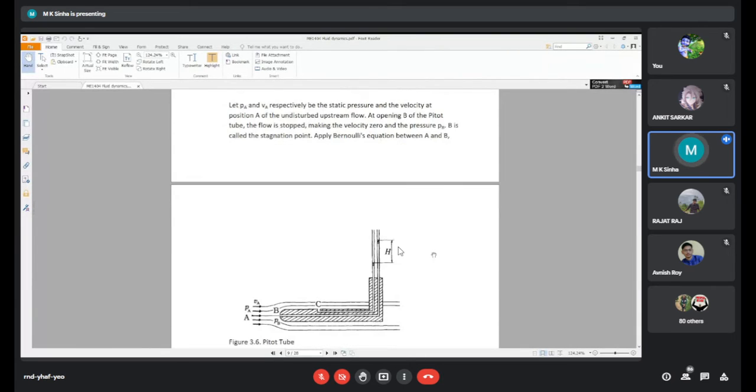So B is called a stagnant point because it comes in contact with our system, which is stationary, and A is coming with some velocity towards the point B.